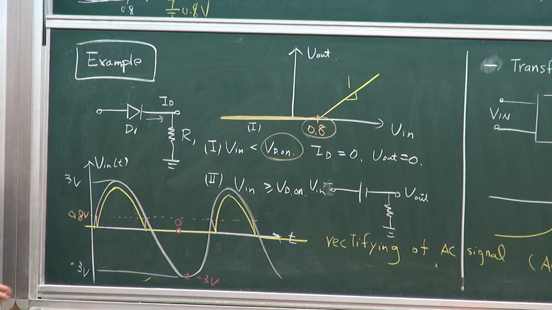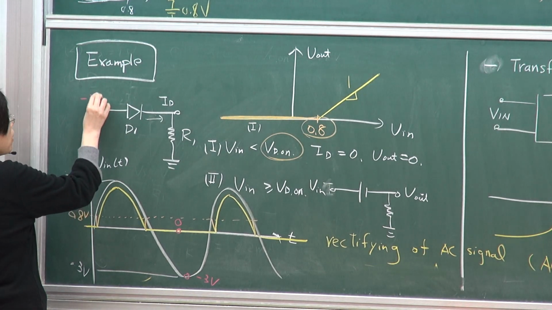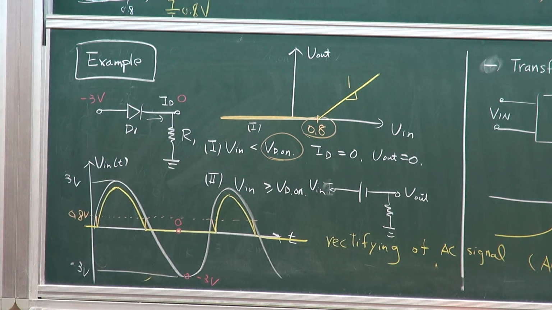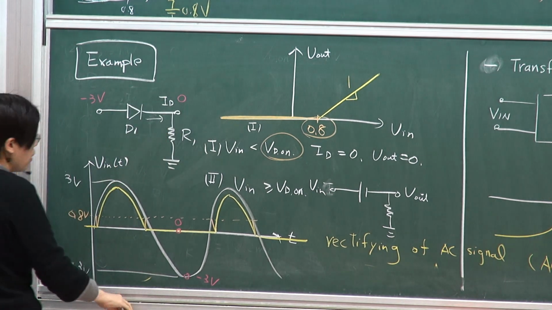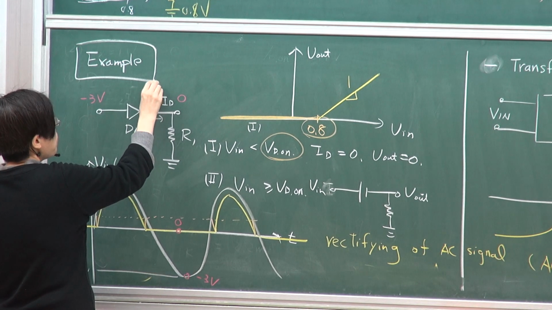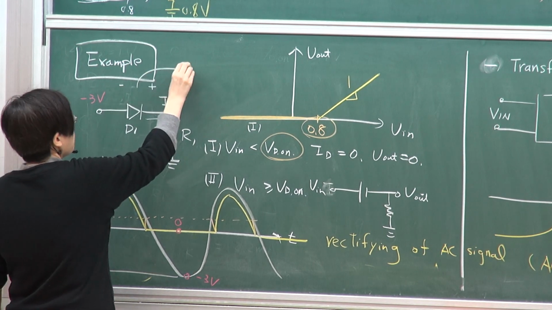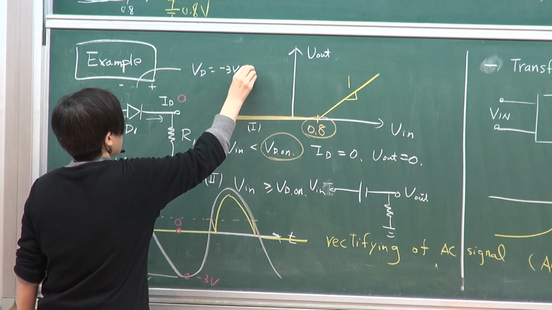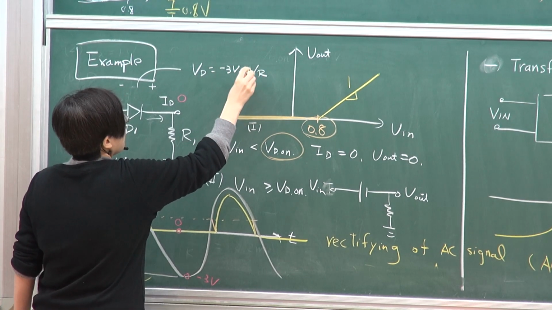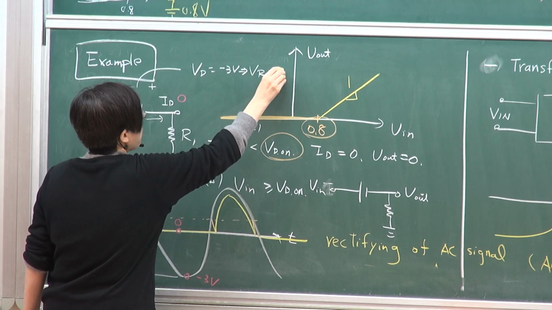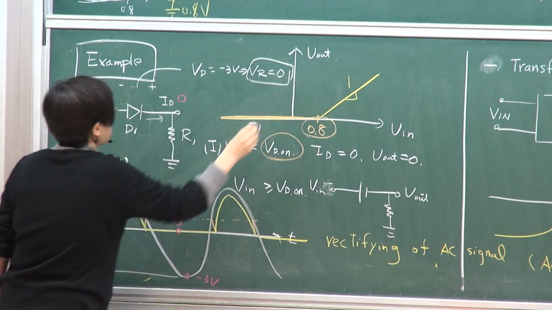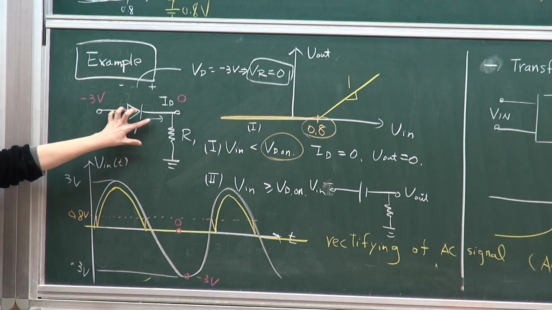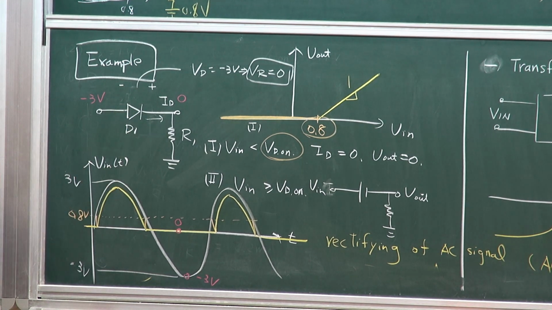So this is minus 3 volt. This is minus 3. This is 0. So it's being applied on the diode. This is more positive here. So you actually experience a VD of minus 3, which is VR, which implies that you have a reverse bias voltage being applied on the diode. So the voltage is being dropped on the diode. It's being blocked by the diode.